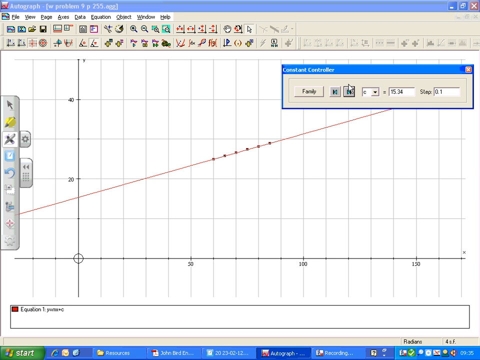Until it sort of matches the points. I could probably fine-tune that. I could zoom in on those points and fine-tune it, use the software to come up with those values. And now what this is telling me is what c is, and c, remember, is the position at which it cuts the y-axis, and m is the gradient. So it looks like the gradient is about 0.16 and the y-intercept is about 15.34.